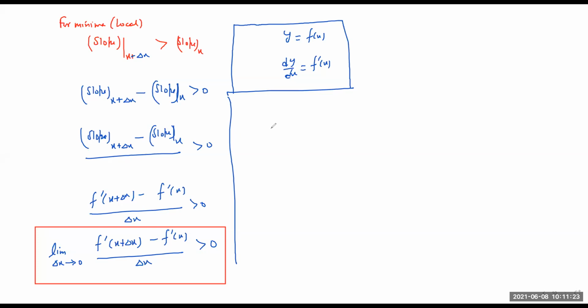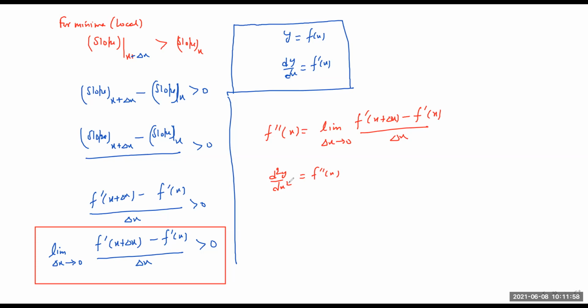So f double dash x equals limit delta x tends to 0 f dash x plus delta x minus f dash x upon delta x. This is nothing but the second derivative, d2y by dx square. It means you differentiate first and then again you differentiate. When you differentiate 2 times, it's called the second derivative.